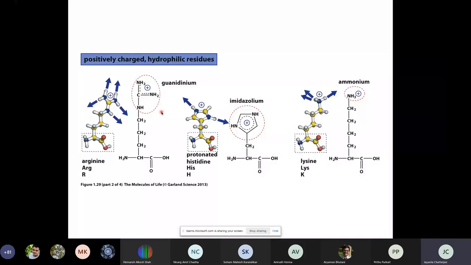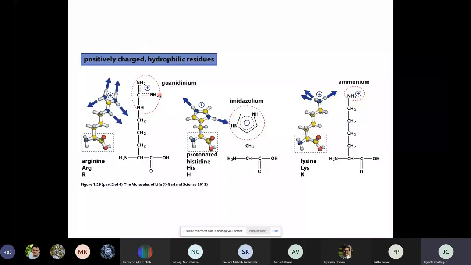Not only that, arginine is a very interesting molecule because there are possibilities of multiple hydrogen bonds. Arginine is where these two NHs can engage in hydrogen bonds; if you imagine it more like a V form, then both the NH2s, one will be here, the other here, can engage in hydrogen bonds with this and that.